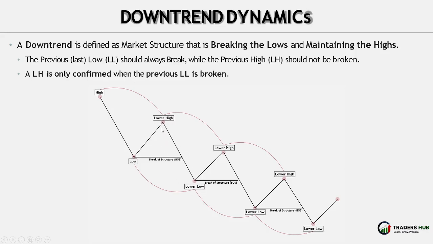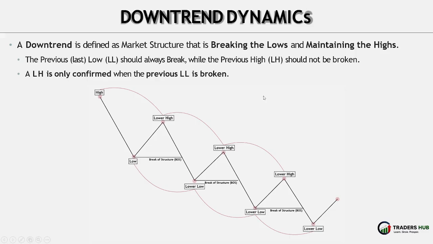Okay. Yes, after this low we printed a lower low. We then retraced and printed a lower high, which in return broke this lower low and printed another lower low, which again printed a lower high, which in return broke the structure of this lower low and printed a new lower low.